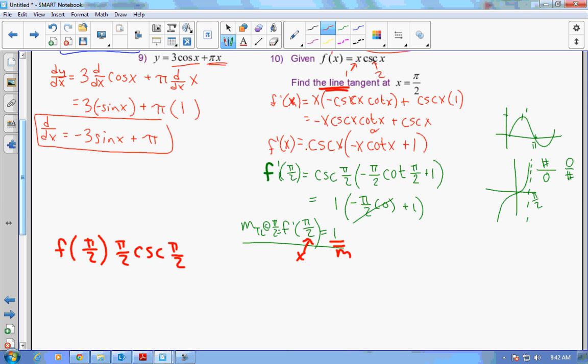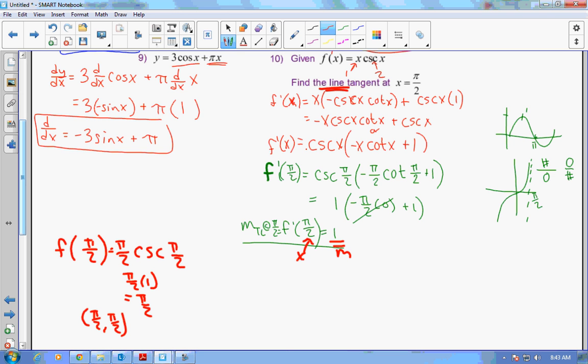Okay, cosecant's reciprocal. But what's cosecant's reciprocal? 1 over sine. Sine at pi halves is 1, and the reciprocal of 1 is just 1. So we have pi halves times 1, which is just pi halves. So our point is pi halves, pi halves.